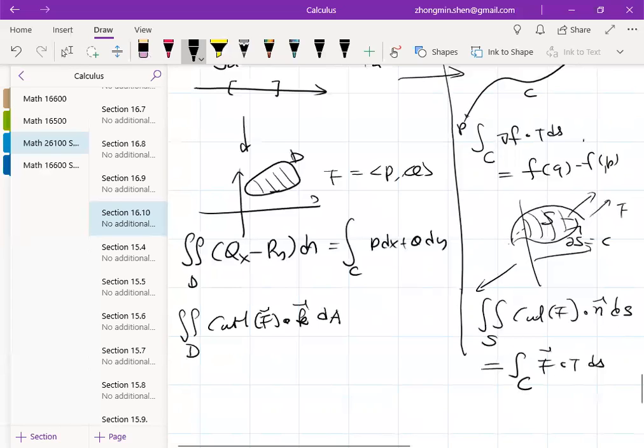So a flat dA just equals ds, and this is going to be the line integral of F T ds. So you can view Green's theorem as a special case of Stokes' theorem. That's it.